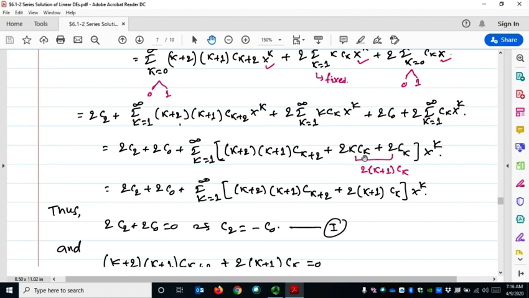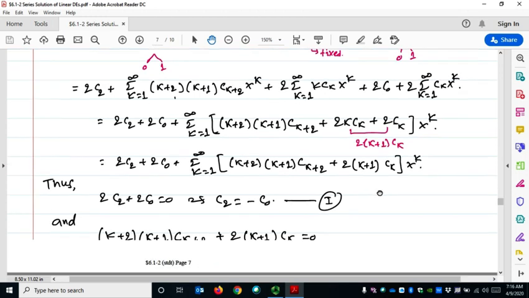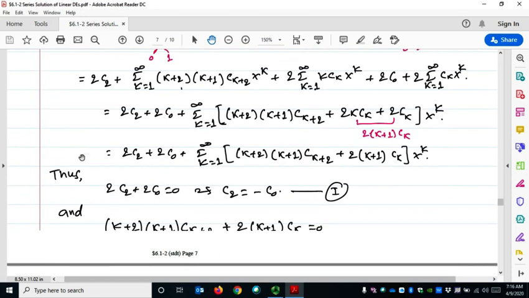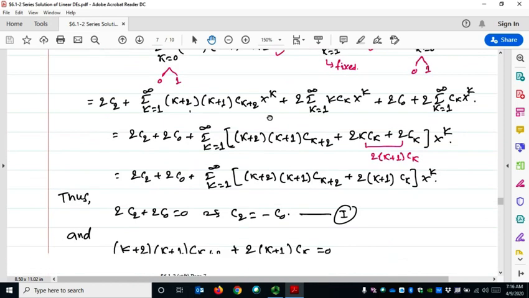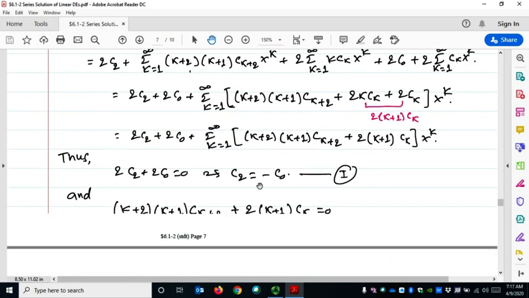Okay, so I combined the 2 and ck out, and k plus 1 I wrote here. Now my left side is 0. So I use the identity property: 2c2 plus 2c0 equals 0, which implies c2 equals minus c0.